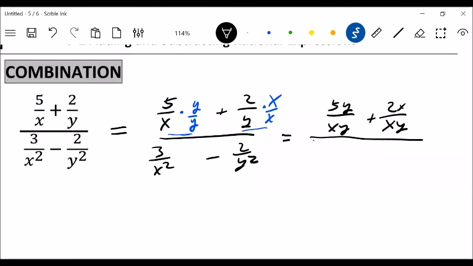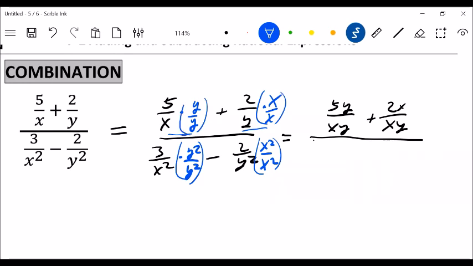So the next step, I'll combine that fraction. But on the bottom, I have to multiply by y squared over y squared, x squared over x squared, in order to get the denominators to be the same. So for this one, I have a denominator of x squared y squared.